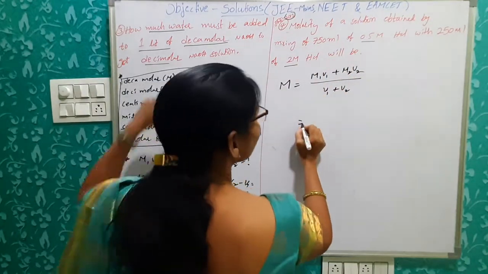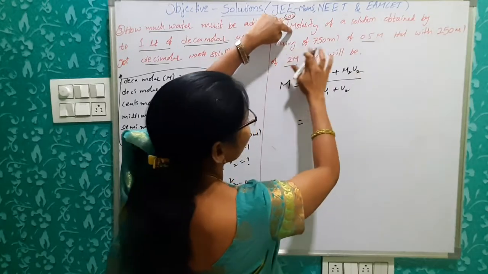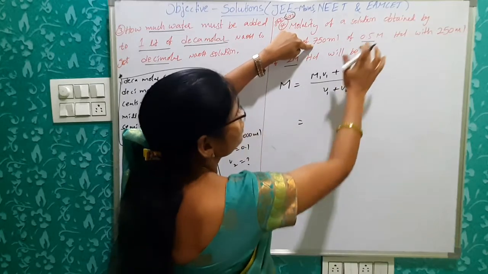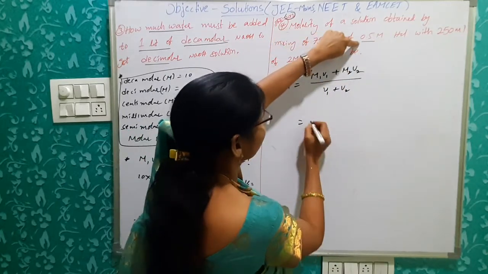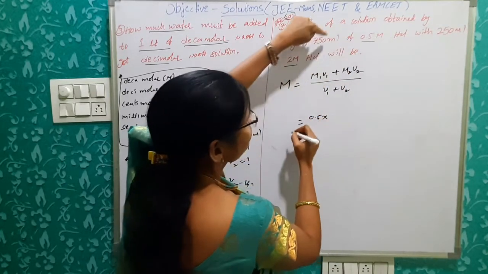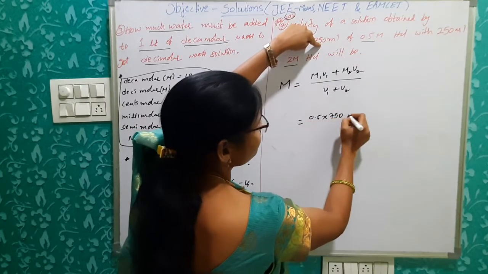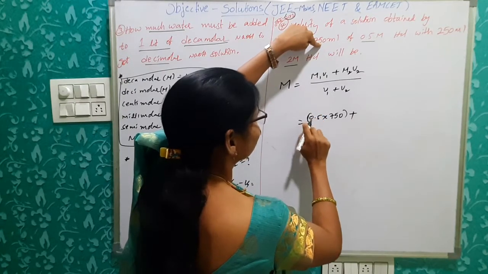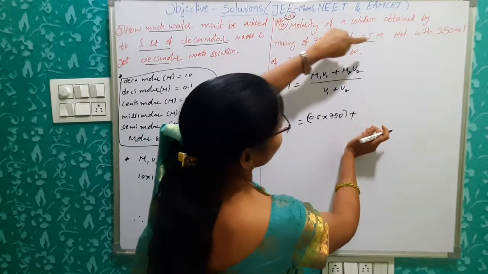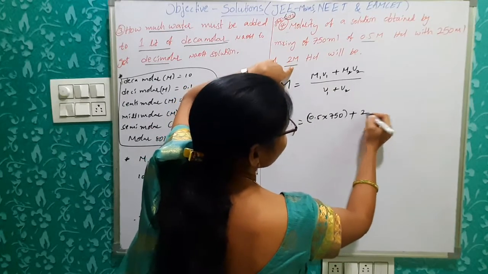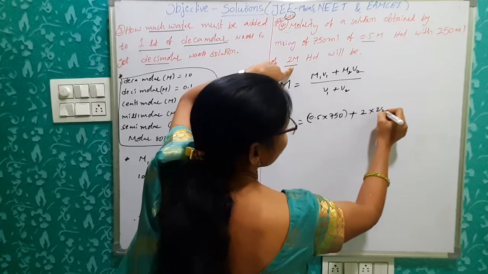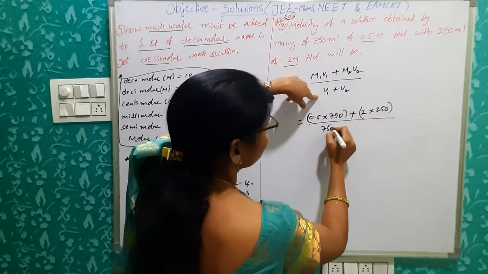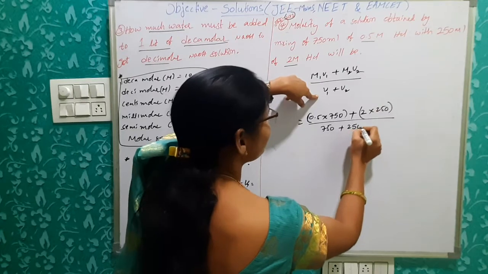For the first solution, the molarity is given as 0.5 and the volume is 750, plus for the second, 2 m into 250, by V1 750 ml plus 250 ml.